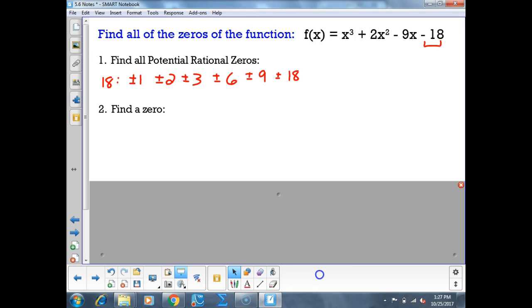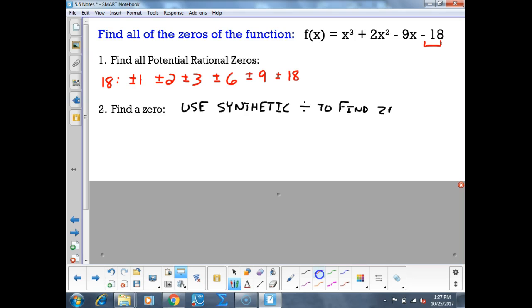Okay? So, how do we find a 0? Well, we need to find one somehow. And so what we're going to use is, you are going to use synthetic division to find your 0.